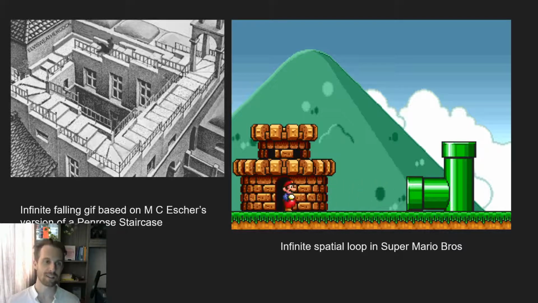Or like on the left-hand side here, we have the infinite falling GIF that is sort of animated on top of MC Escher's staircase, which is based on the Penrose staircase, which you can also look up, and maybe I'll put a link in the description. Some sort of very interesting distortions of space that we will talk about a little bit later in the course when we look at parallel spaces.